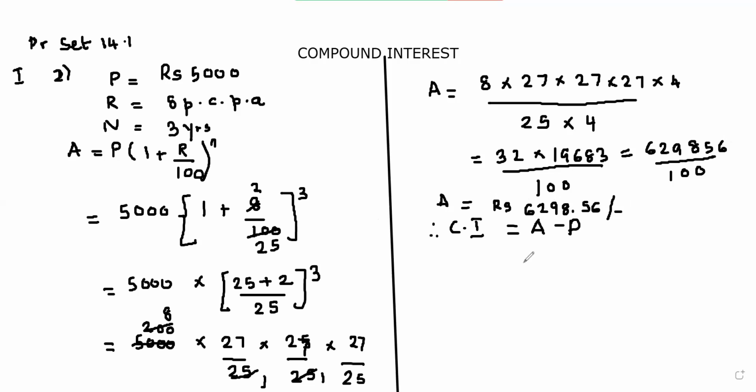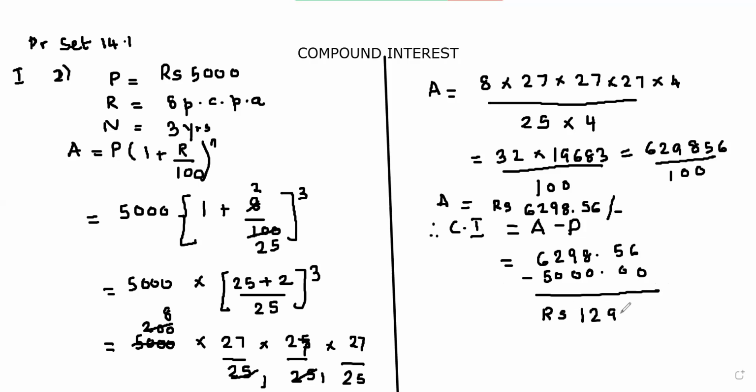And when I minus it from 5,000, so this is 6298.56 minus 5,000. So my answer is equal to rupees 1298.56. 1298.56.